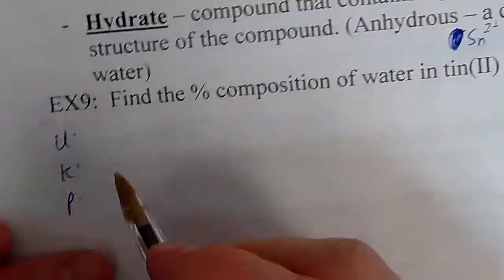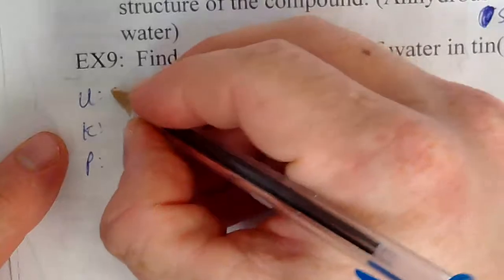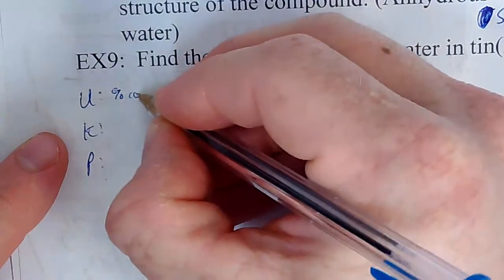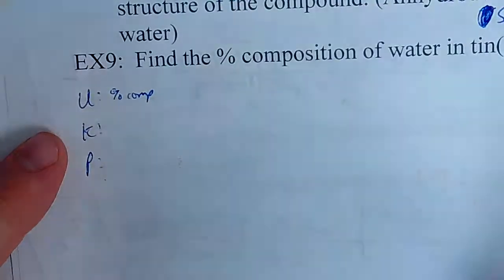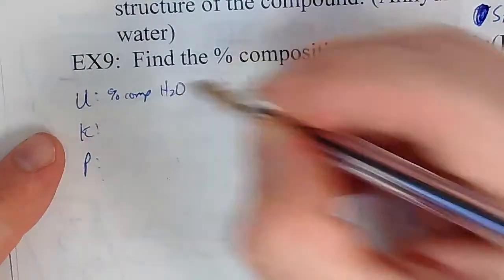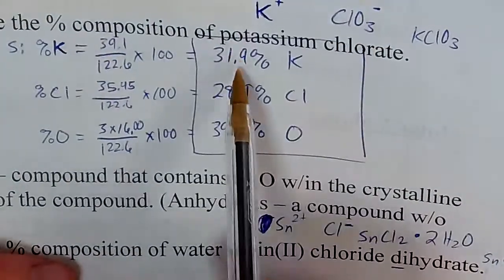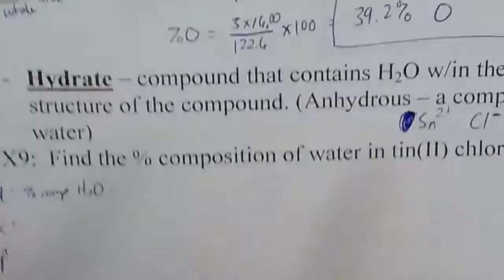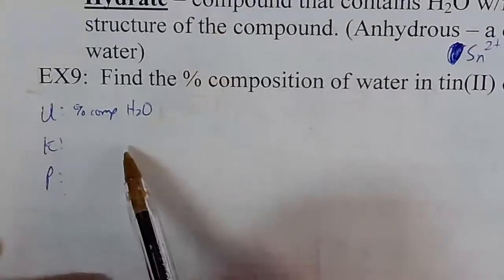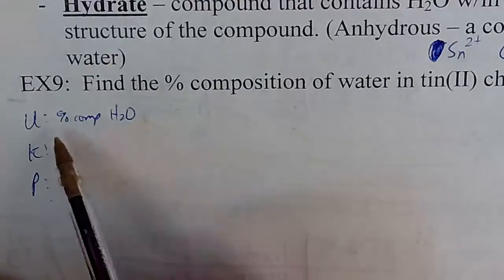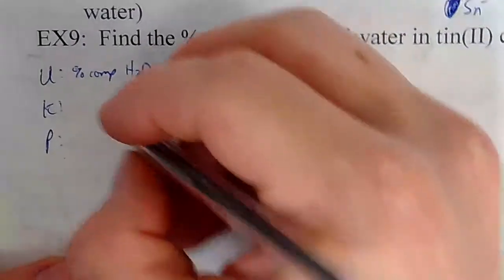All right, now, our unknown, we want to know percent composition of what? Water. Which is nice because when they just say percent composition, you have to tell the percent composition of all the elements in the compound. If they tell you which one to do specifically, just do that one. So we've just got to do the percent composition of water.